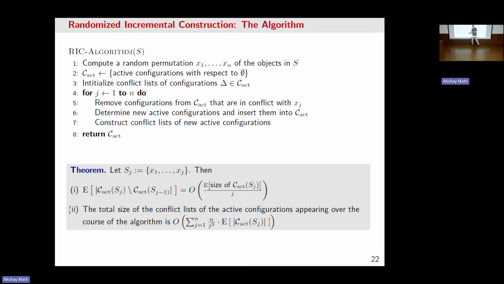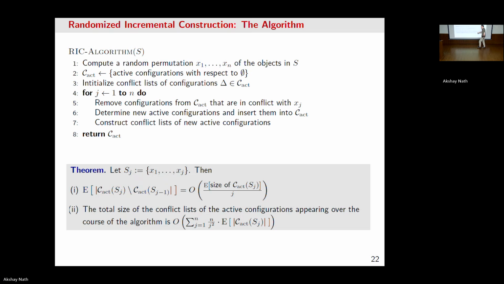So those are the new configurations that appear. For sorting, what is the number of such things? 2. There's nothing interesting there. In general, it can depend on what your last element is, and it is not a fixed number, but depends on the random permutation and so on. But for sorting, it's simple. It's always 2. You have 2 new things.